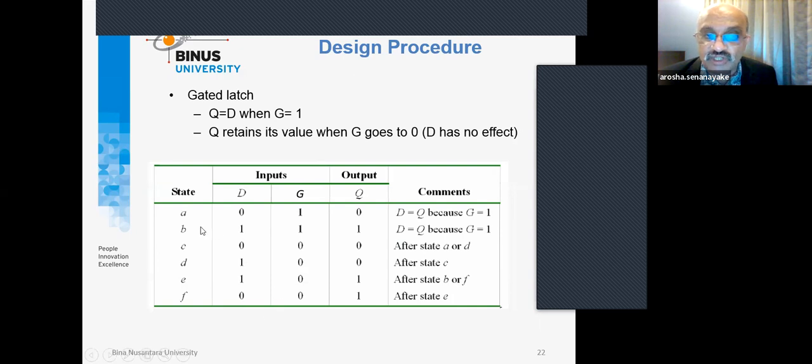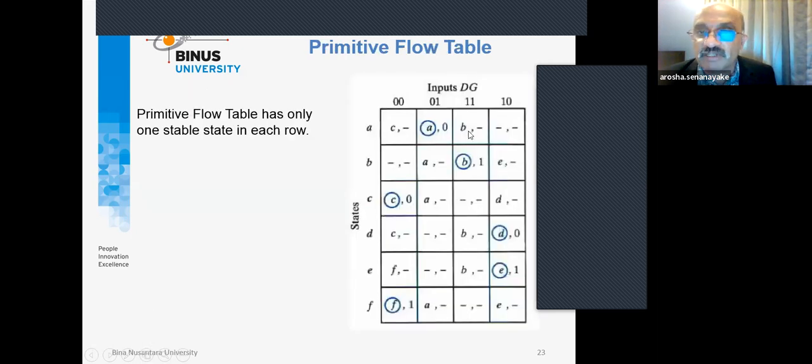No 0, 1s. So only this, and the output is 0. So therefore, what we have is A. That means state A retains unchanged by changing 0, 0 into 0, 1, a stable state. Likewise, you should be able to fill the rest as well.